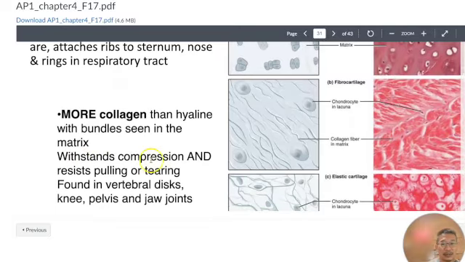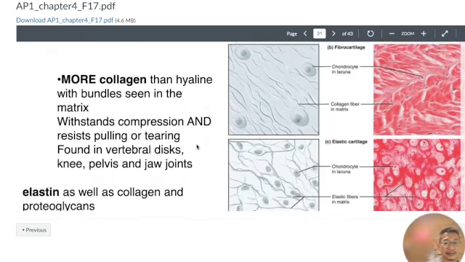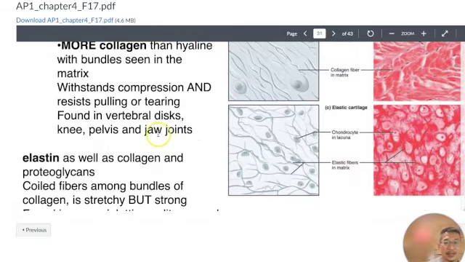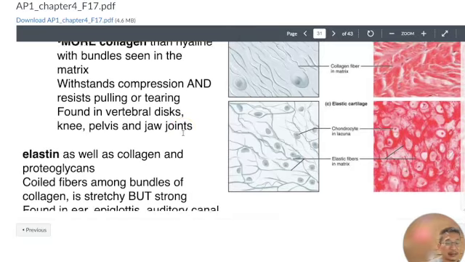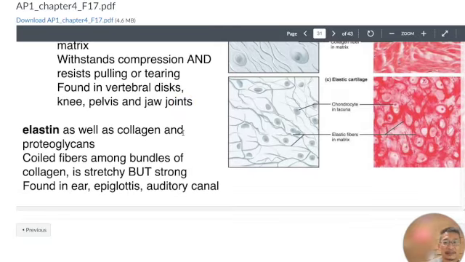It can withstand compression. So imagine your spine, that disc. If you're walking or jumping, it's good for compression. Also found in the knee, pelvis, and jaw. Then there is elastic cartilage.